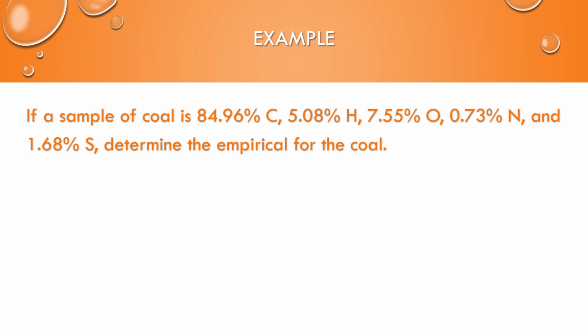Okay, so this sample of coal has some carbon, hydrogen, oxygen, nitrogen, sulfur, and we want to determine the empirical formula. So this is a good chance to review empirical formula. You pretend the percents are grams. So if you assume that you have a 100-gram sample, you can convert the grams to moles using the molar mass.